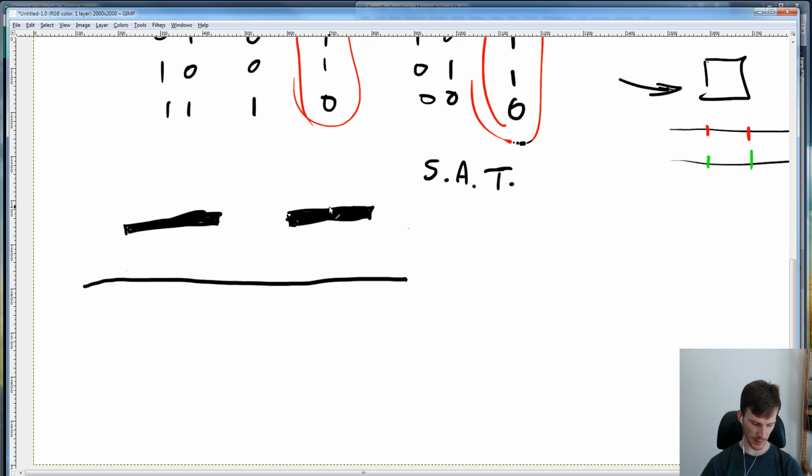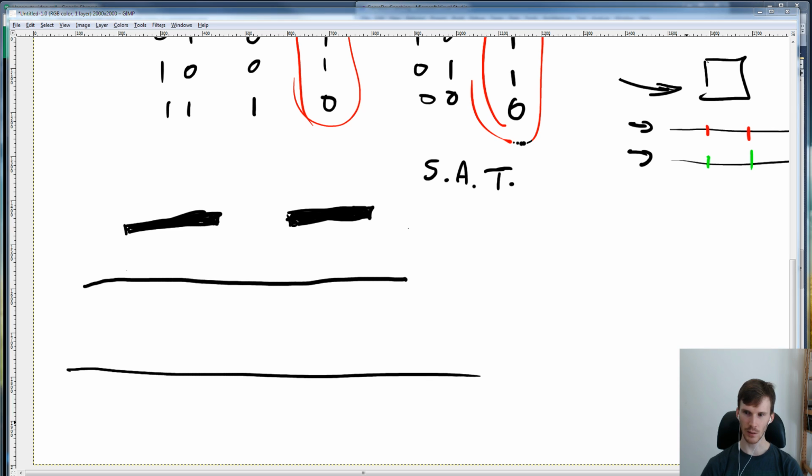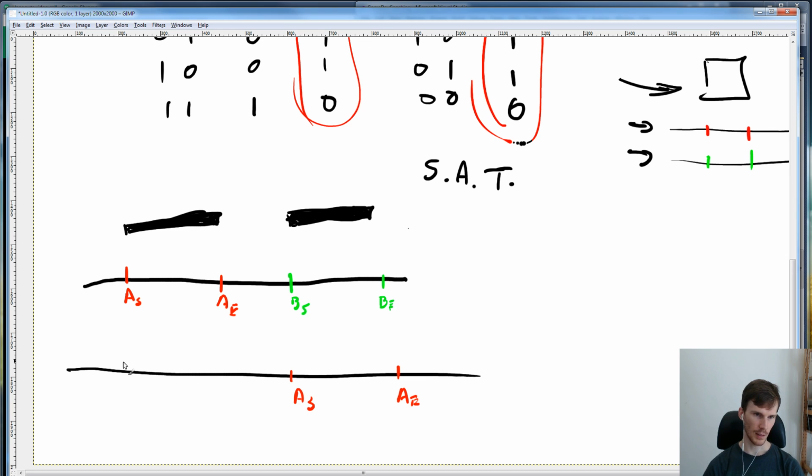And so there's basically 2 cases, as we can see here and here, where they are not colliding. So we'll draw both of them in. So if we have A start and A end, and this one could be A start and A end, and then we have B start and B end.